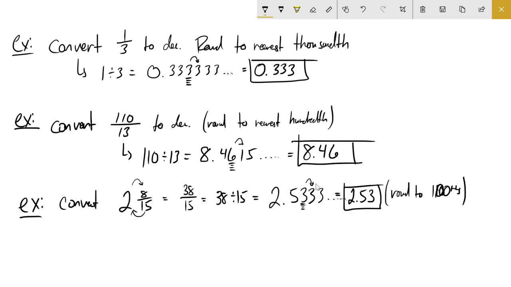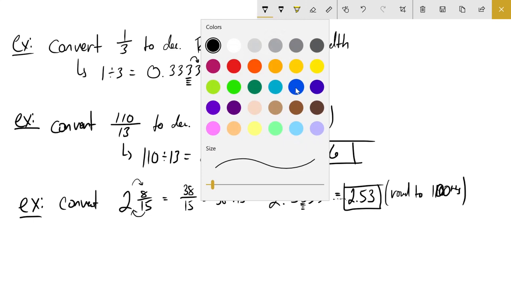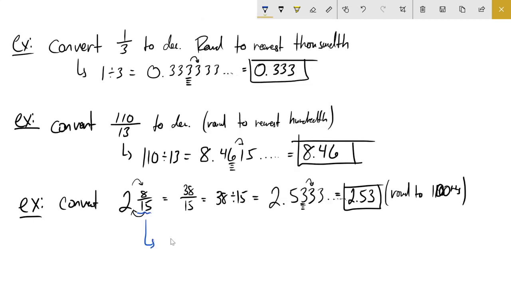What's another way we could have done that? Can you think of another way? Could you just leave the 2 and then do... Yeah, I know that my answer is going to be 2 point something, because I already know what my whole number is, 2. And so you could just take the fraction part, right? 8/15 is 8 divided by 15.